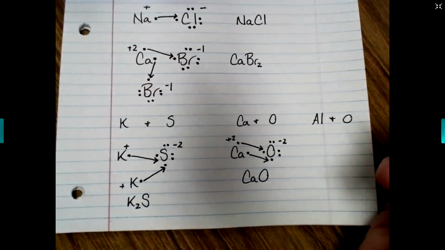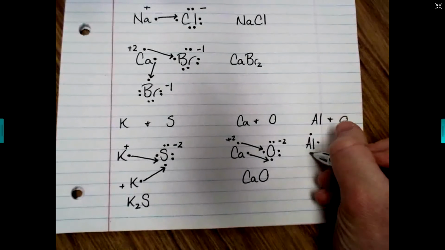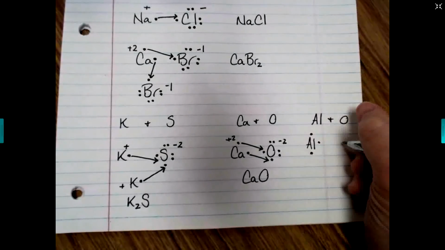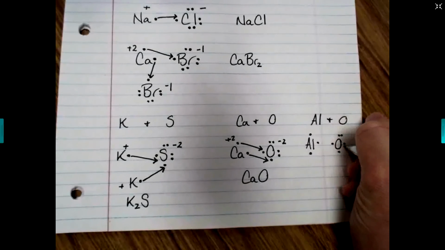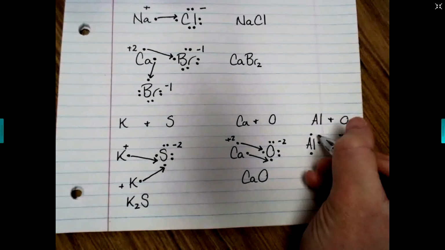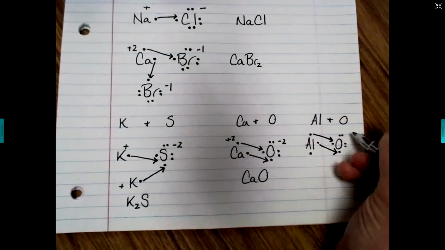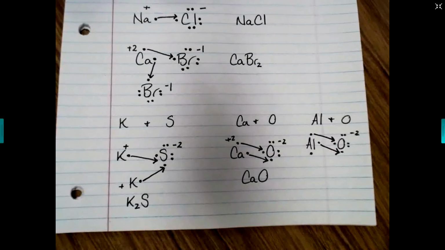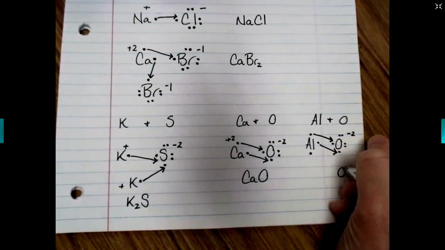For our last example, you have aluminum with 3 valence electrons, and you have oxygen with 6. So aluminum can lose 2 of its electrons to oxygen, and now this oxygen is stable, but aluminum still needs to lose 1 more. So we're going to draw another oxygen.